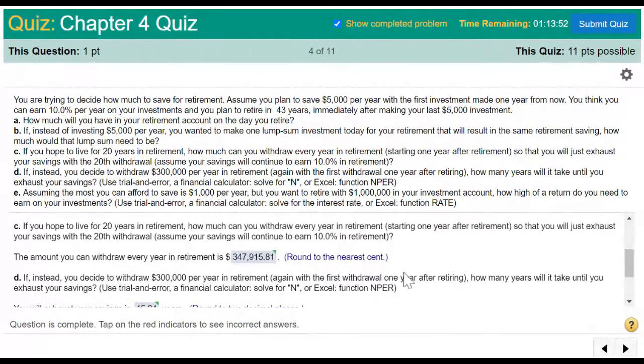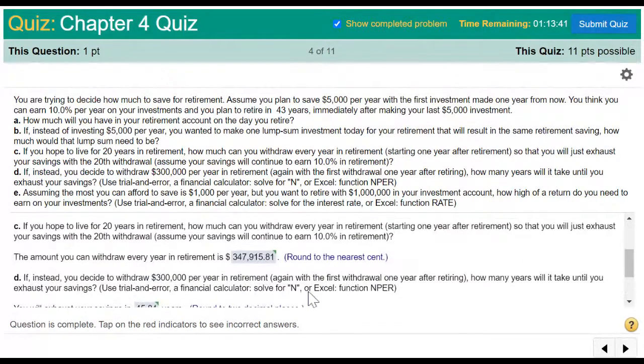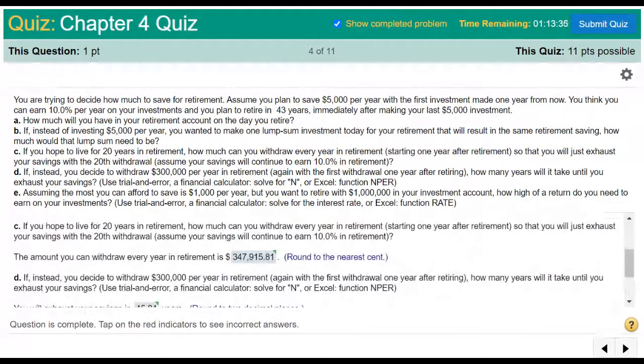The D now is saying, suppose instead you decide to withdraw 300 per year in retirement. What number of periods would you have? So here's what we're going to do. We're going to leave N alone.